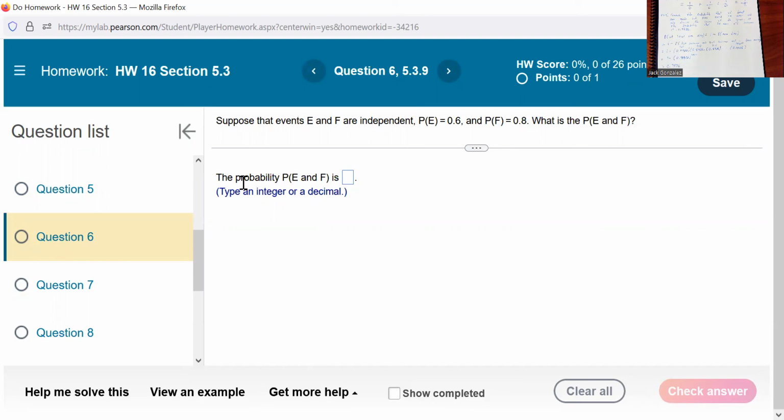It says E and F are independent, then you would just multiply them together, right? So E and F means they're both happening, so that's all you gotta do.